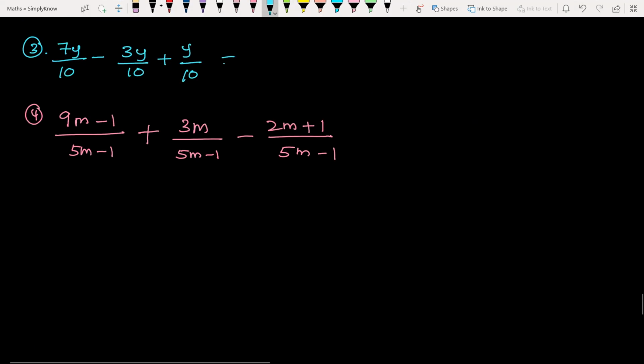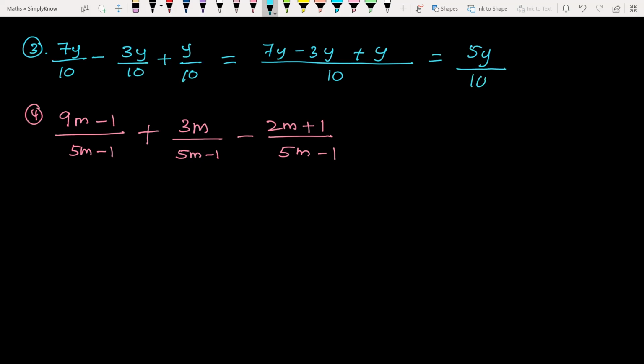Let's take another example. Okay, how about this sum? Here again, our common denominator is 10, and 7y minus 3y plus y. 7y minus 3y is 4y. 4y plus y is 5y. 5y over 10.